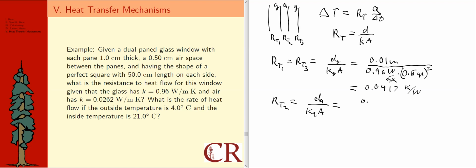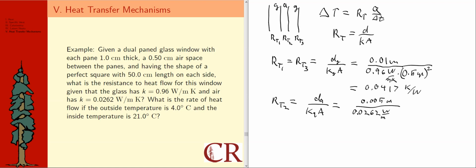So the thickness was 1/2 a centimeter, which in meters would be 0.005 meters. And then the thermal conductivity is a smaller number here, which is going to lead to a larger resistance, right? Because we're dividing by a small number in this expression.